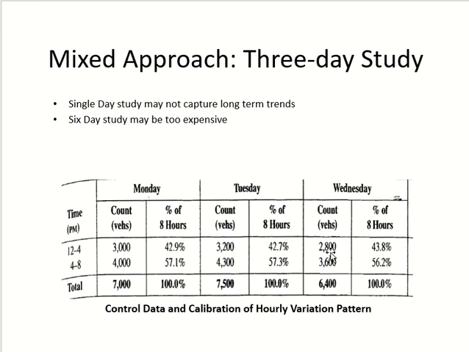So how did I get 42.9%? This value upon total. Then this value upon total gives me 57.1%. Clear? Each value percentage is taken from the total. Okay, got it? Any question up till now?